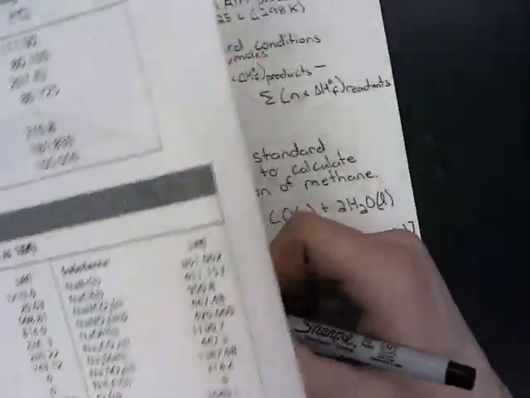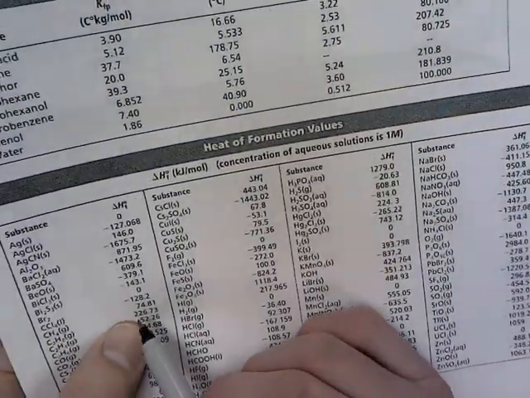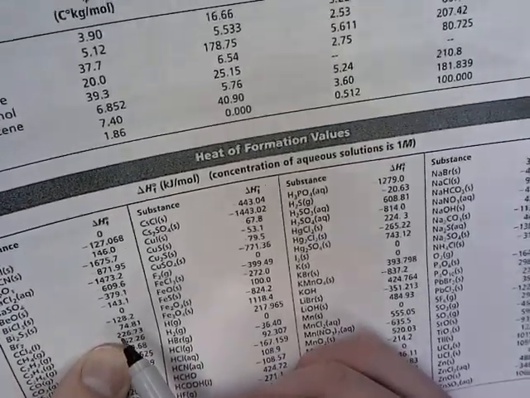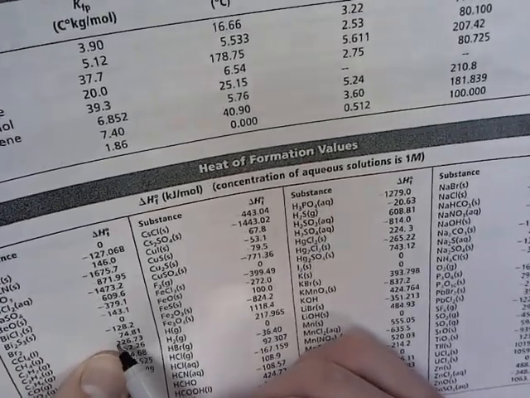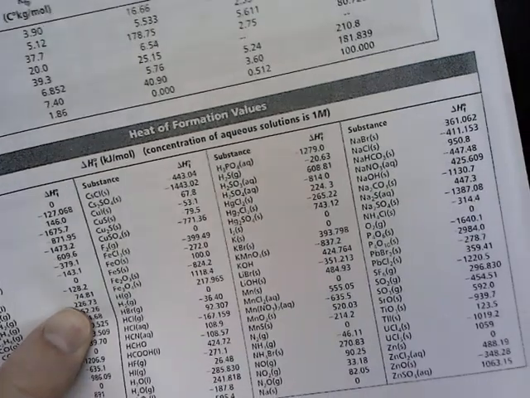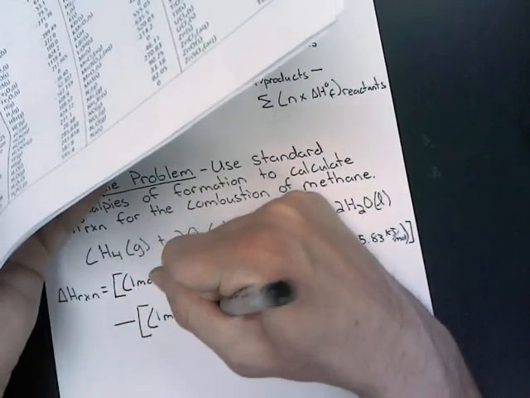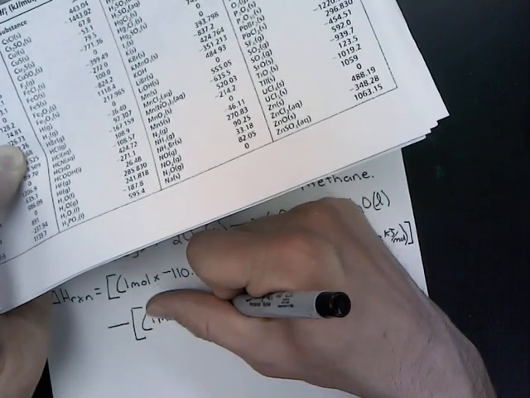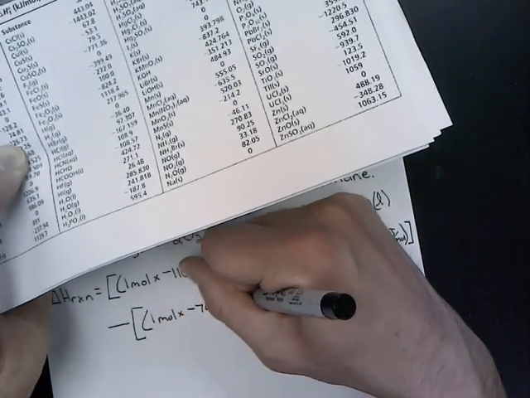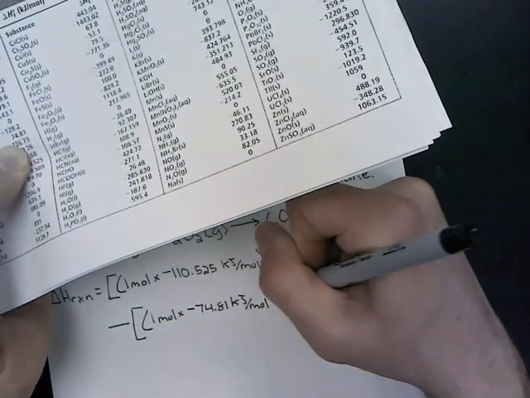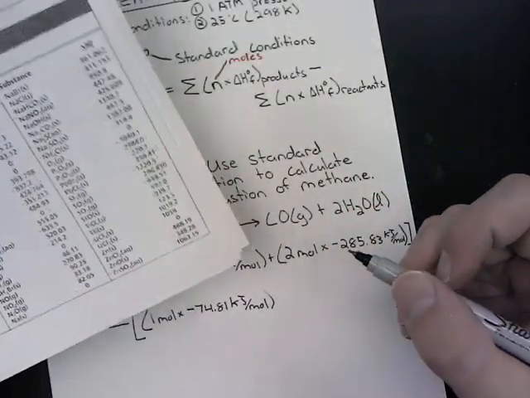I'm sorry, you can't see this here, but that is a negative value. The printer did not do a very good job there, I have an old copy here, but this is negative 74.81 kilojoules per mole.